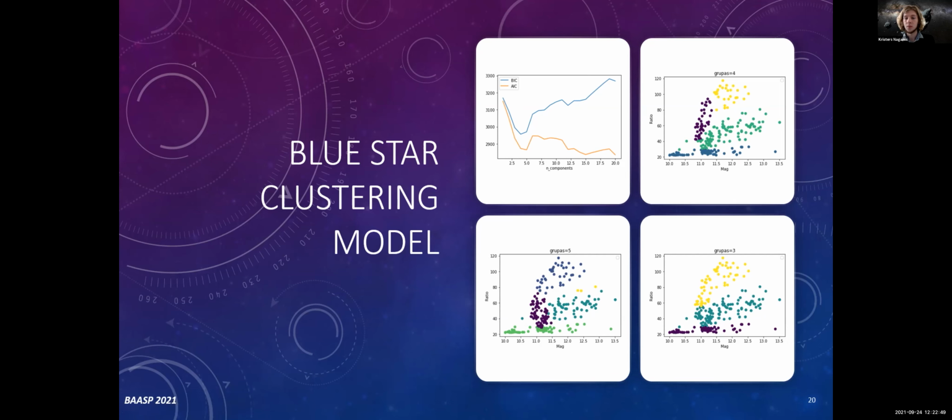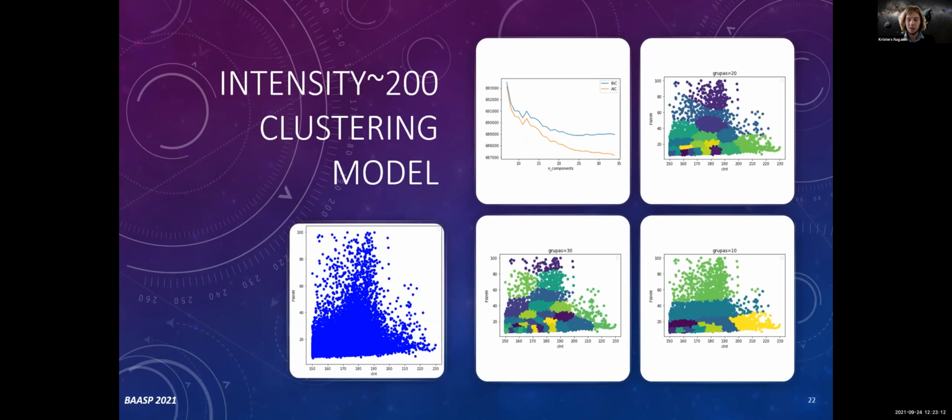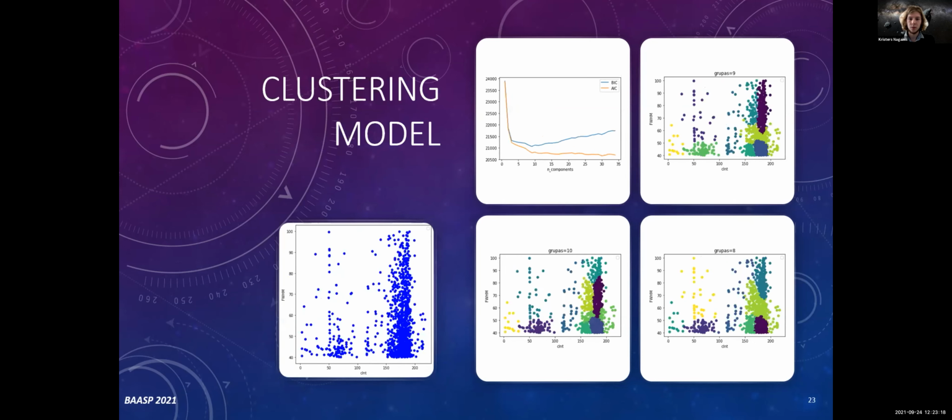The violet group was mostly pulsars and B stars. And the green group was Be stars, supergiants, and pulsating stars. So it means that with this clustering model, I could distinguish between different categories of objects. I also tried to do it within density around 200, but the clustering model didn't work so well because it chose a lot of groups and I couldn't do the same experiment.